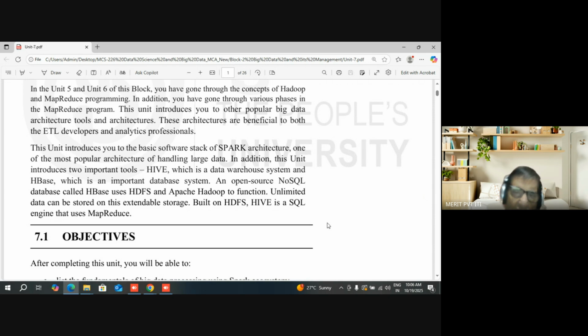HBase, an open source NoSQL database, uses HDFS and Apache Hadoop to function. Unlimited data can be stored on this extendable storage. Built on HDFS, Hive is a SQL engine that uses MapReduce. So it's all SQL level, so that you can always use it.